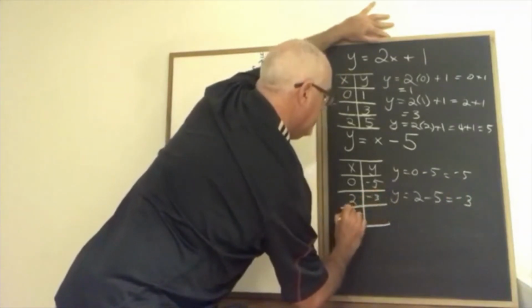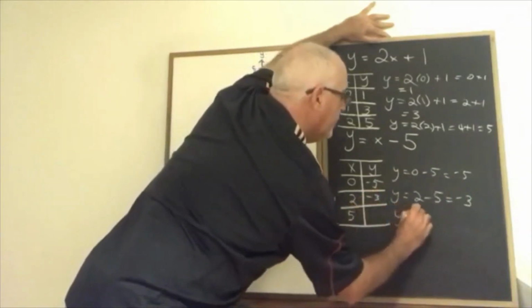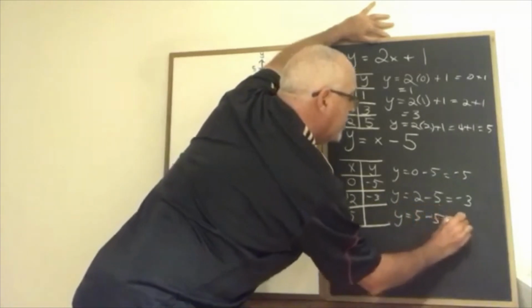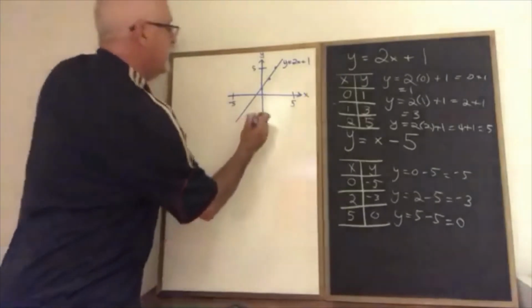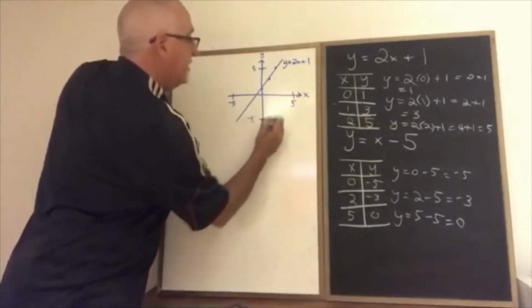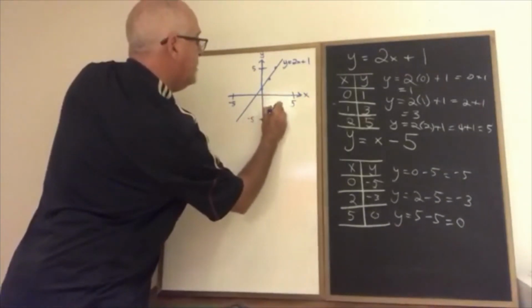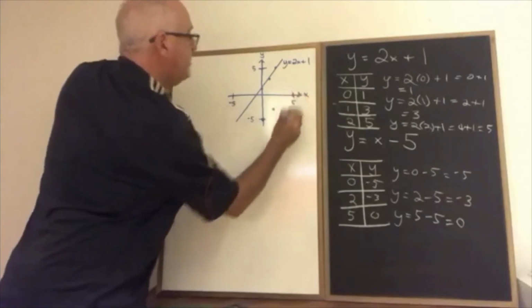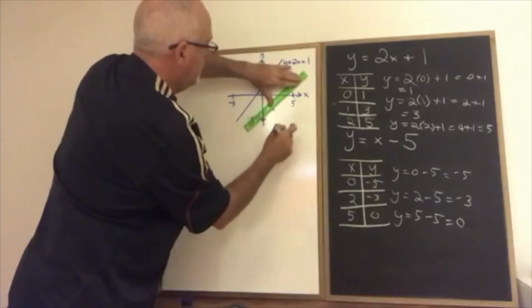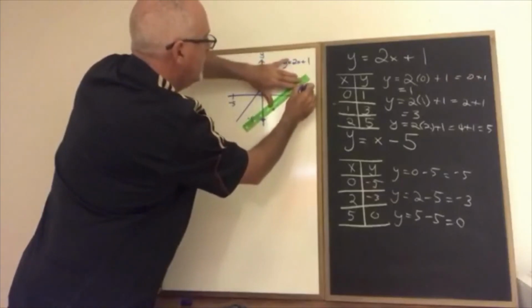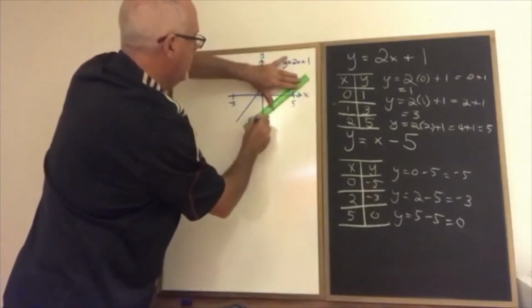If x is 5, y equals 5 minus 5, which gives 0. And I can put those dots on my graph, 0, negative 5, 2, negative 3, and 5, 0, and I can draw a line through those. Making sure to draw the line all the way through the graph.